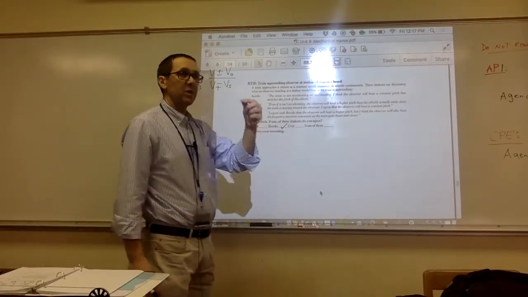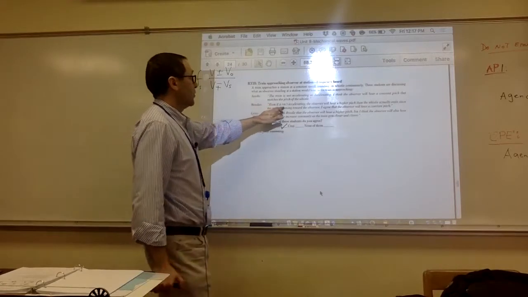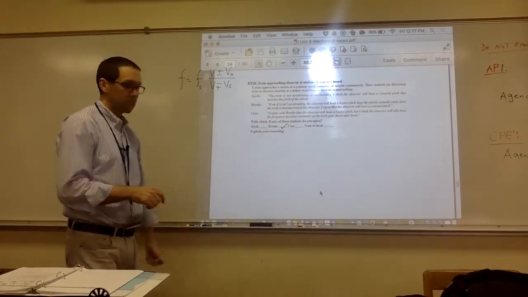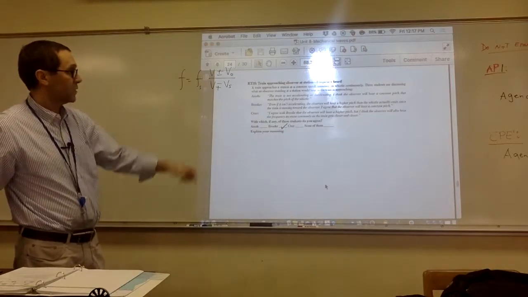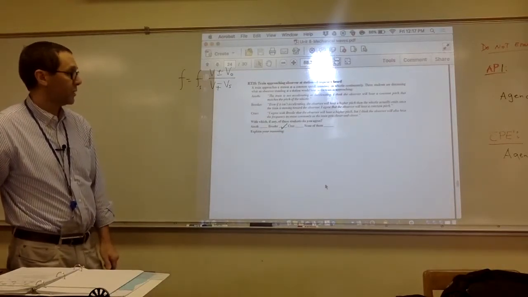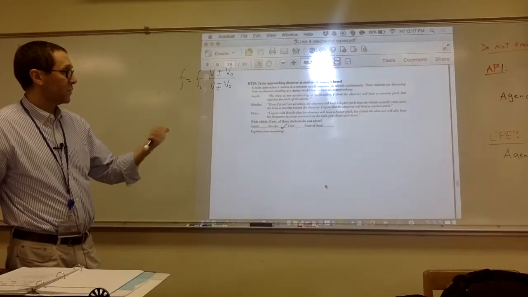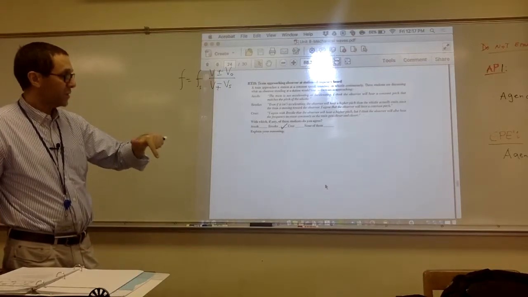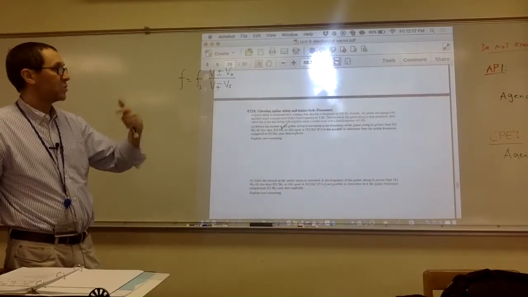So it's not going to be the same pitch, in other words. If it's going at a constant speed, you're just going to hear a constant high pitch. So don't let the acceleration fool you there. You're going to hear a high pitch no matter what. The difference is if there is acceleration, you're going to hear a high pitch, but a change in high pitch.